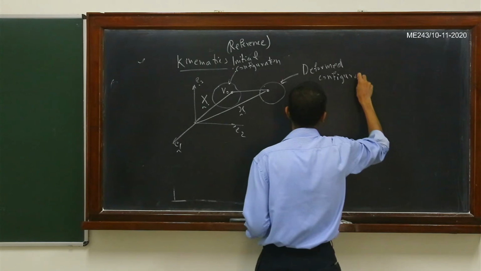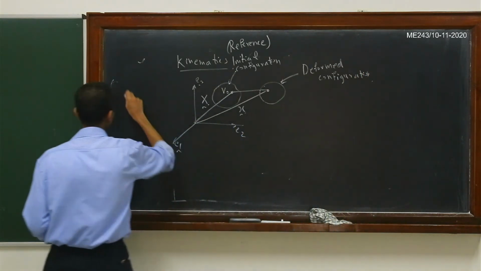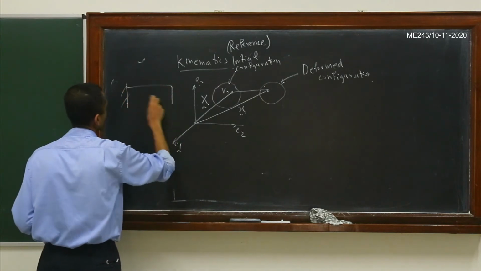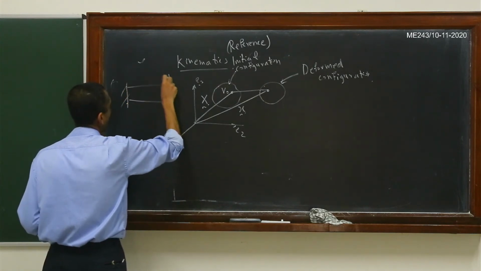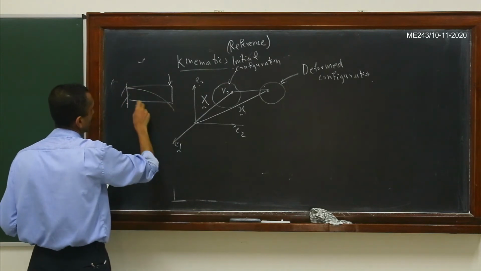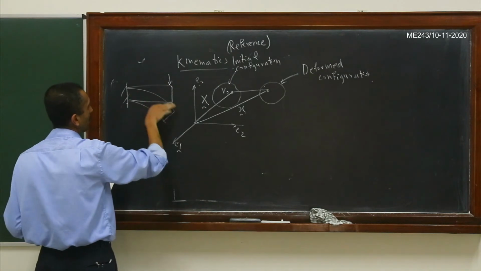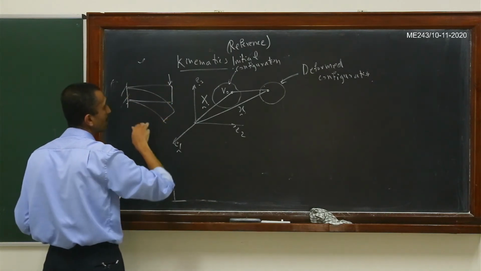Just to give an example, if you take a cantilever beam, something like this, and then you apply some loading on this, and then it goes into some deformed shape. So you can think about this as the deformed configuration.